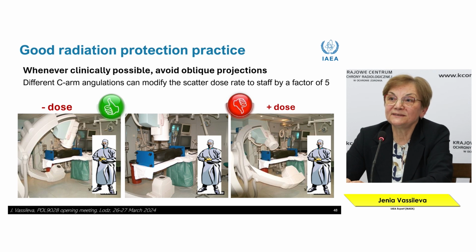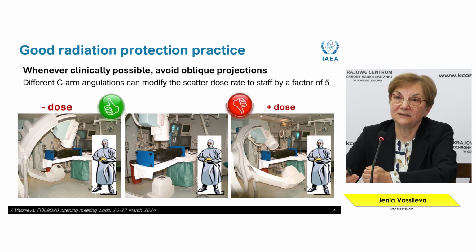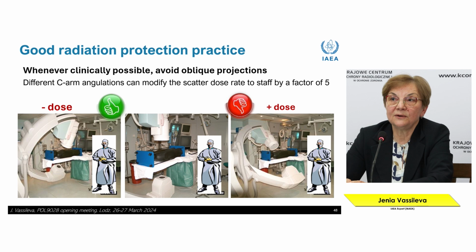No, the dose is much higher because when the tube is closer to the operator's body, the scatter radiation from the patient goes directly back to the operator without any absorption, because on the opposite side, again, the patient body is absorbing and there is distance, an air gap that helps reduce the scatter dose.